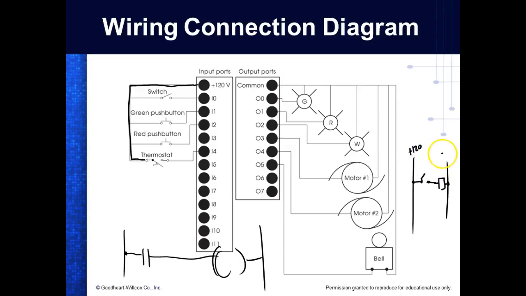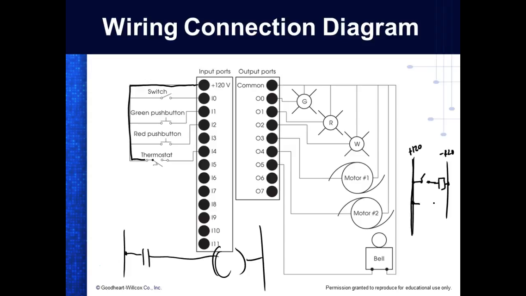So what's this over here got to be? It's got to be the minus 120, right? Y'all understand that? So this is the common for my input. So all my inputs are hooking up to plus, so all my input ports are going to be connected to minus. Right? You understand? And this only comes into play on DC.